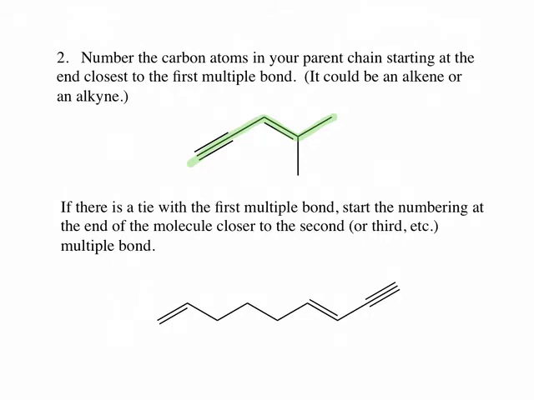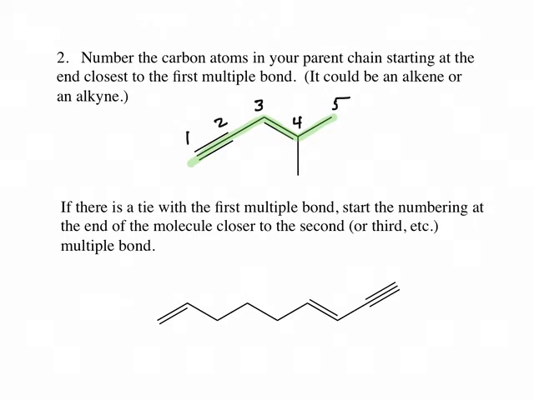Could be an alkene or an alkyne. You want to give your multiple bonds the lowest possible numbers. So what we'll do in this case, since we're going to start at the end closest to the first multiple bond, is we will be starting at the triple bond right here because it gets number 1. So this would be numbered 1, 2, 3, 4, 5.